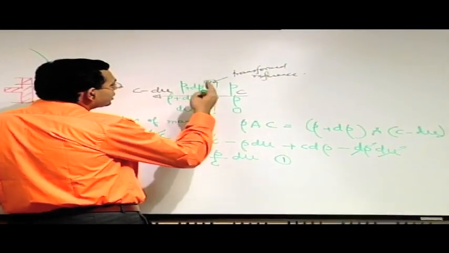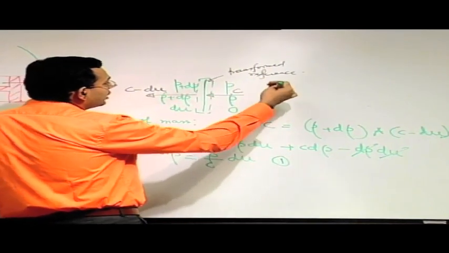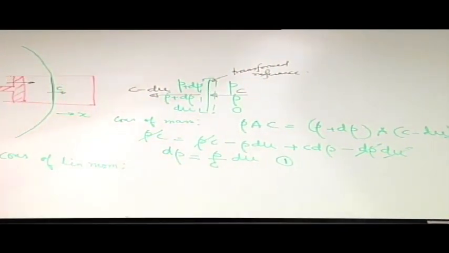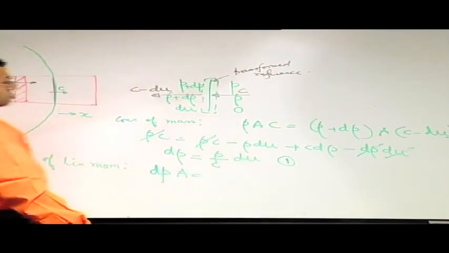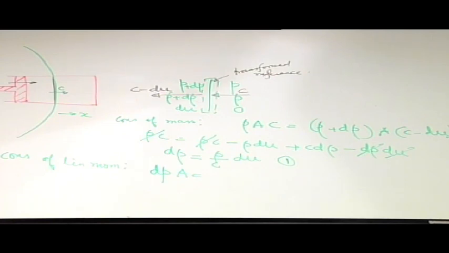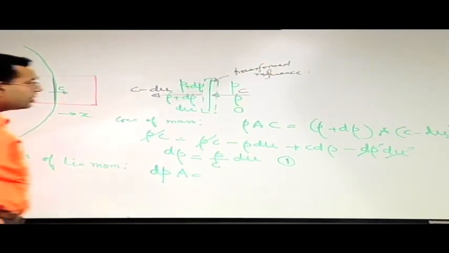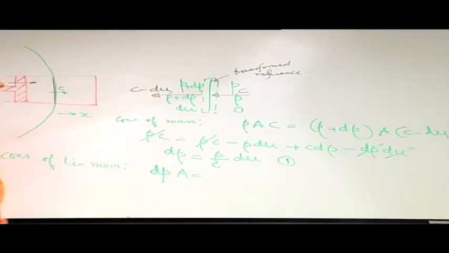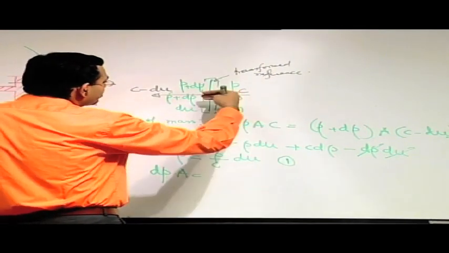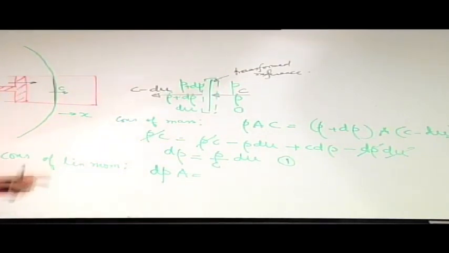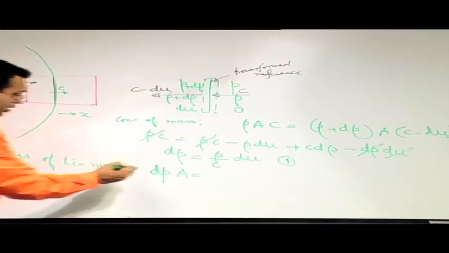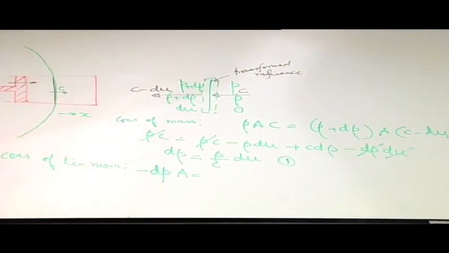From the left side it is P plus dP into A, from the right side it is in the opposite direction P into A. So, dP into A is equal to m dot into V2 minus V1. Since all the flows we have shown in the negative x direction, let us write conservation of linear momentum along the negative x direction to make the algebraic sign simple.